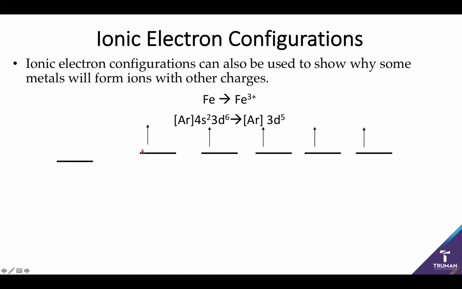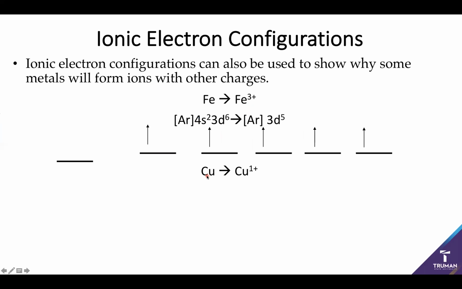Now I have that beautiful balanced half-filled d subshell. And this is very energetically favorable. So it's natural for things like iron and ruthenium to adopt this 3d5 configuration or a +3 charge. So this is always going to be a little bit of a slight advantage when you're forming these half-filled subshells.